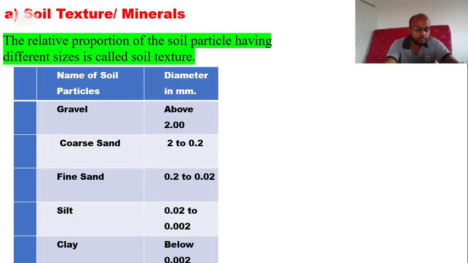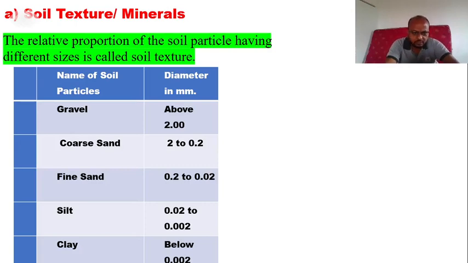The information on soil texture or soil minerals is very useful in forestry, horticulture, and agriculture, and this texture is associated with mineral nutrition. Therefore the International Society of Soil Science has given the different sizes, diameters, and names of soil particles, which are given in the table.